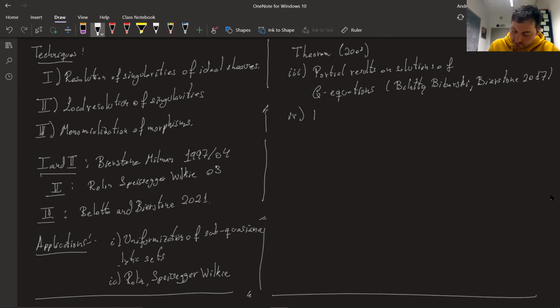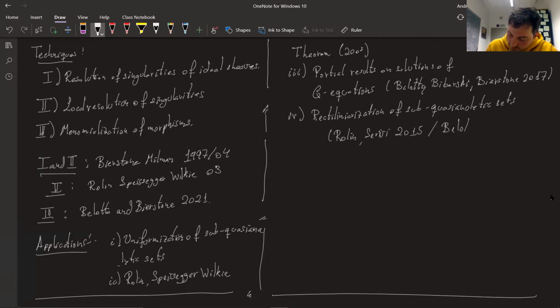And fourth, we're going to talk about rectilinearization of sub-quasianalytic sets, which goes back to a result of Vol and Servi from 2015, and also comes from our paper on monomialization. So it's going to be an application of monomialization.